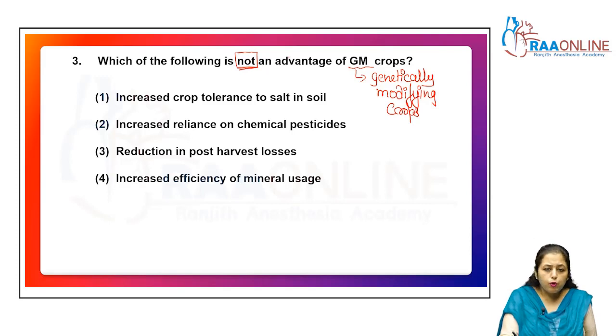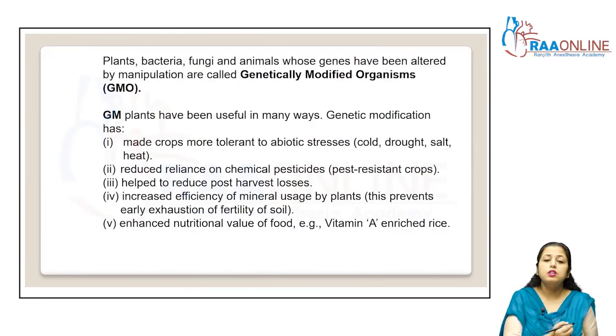So the answer to that question is 2, that is increased reliance on chemical pesticides, right? Now come to what genetically modified organisms and crops are.